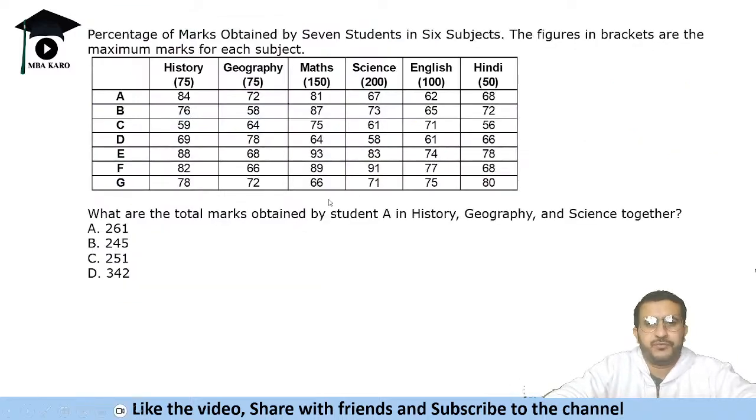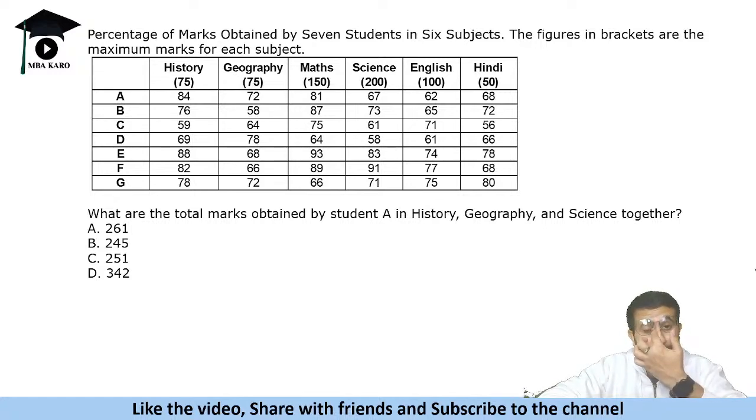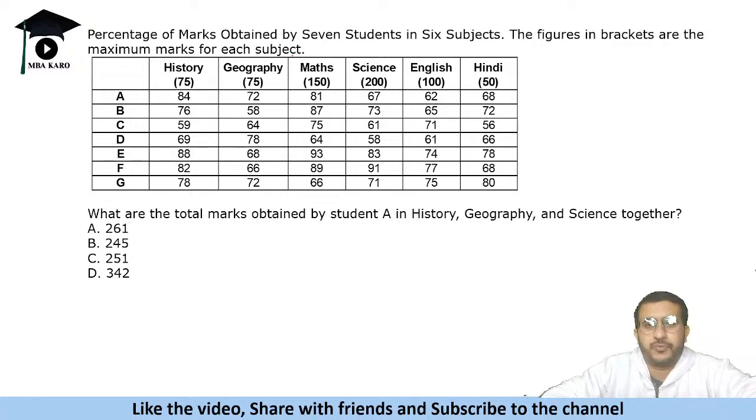All right, so let's move to the next set. This is basically a table in which we are given the percentage of marks obtained, and the figures in the brackets are the maximum marks for each subject. So the percentage is given in the table, and the marks in brackets is the maximum marks.